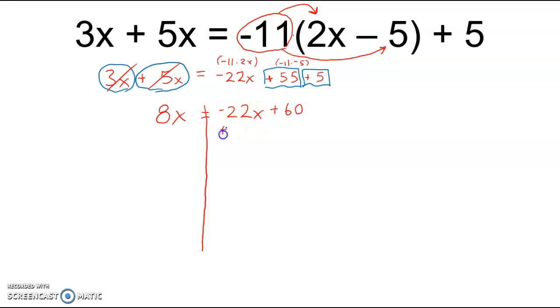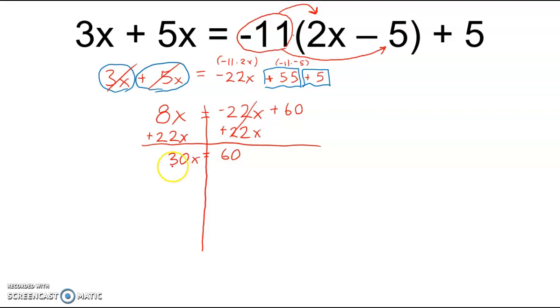To move it to the other side, we need to add 22x. And whatever we do to one side, we do the same to the other side. Add 22x. So here it cancels out. 8x plus 22x is 30x equals the 60. We didn't do anything to the 60, so we rewrite the 60.